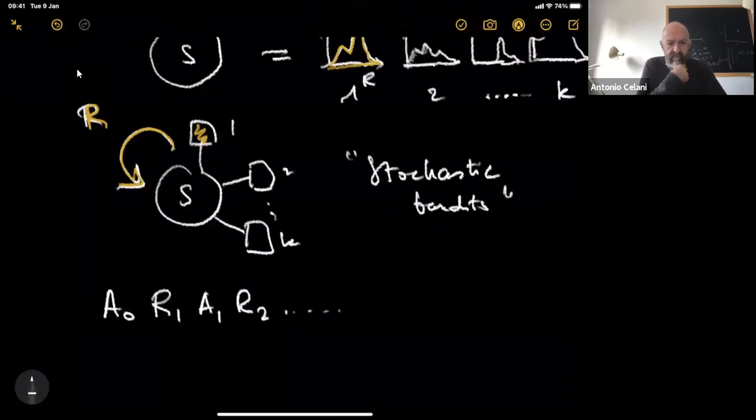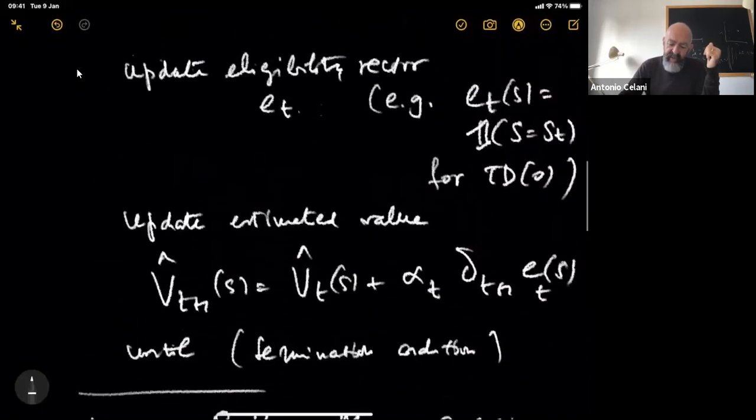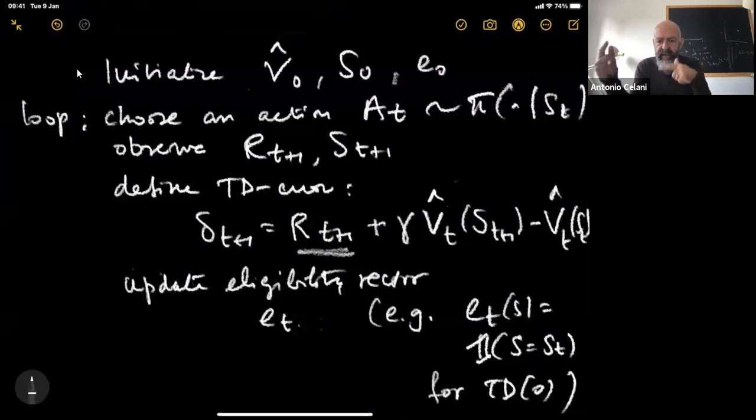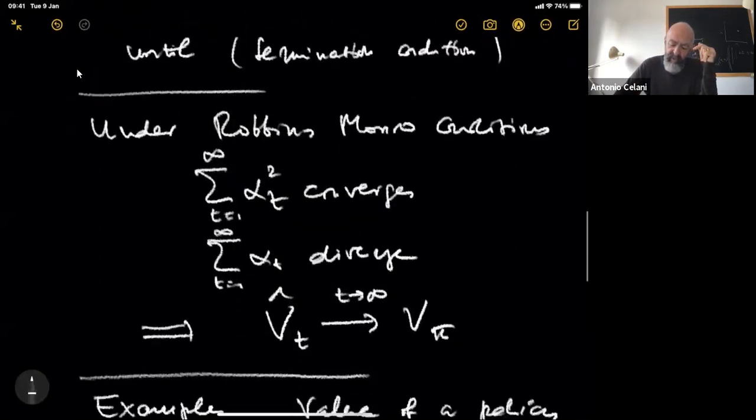Here there is a slight misalignment between the notation for MDPs and the notation for bandits, in that usually in temporal difference you define the reward as R sub t plus 1 to convey the idea that it depends on both the present state and the future state in general. At least this is notation that Sutton and Barto use and promote.